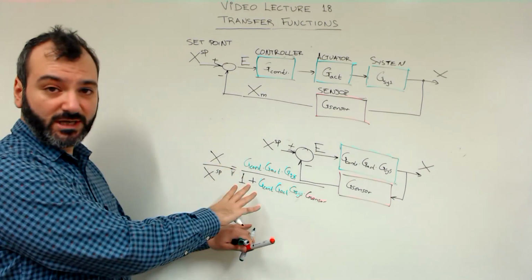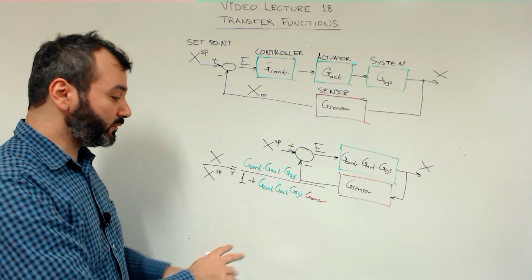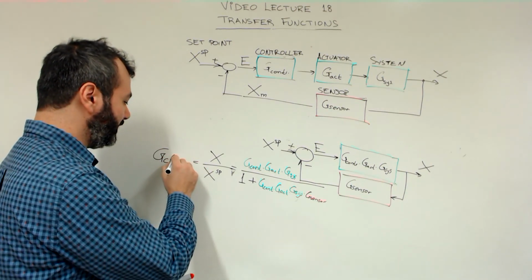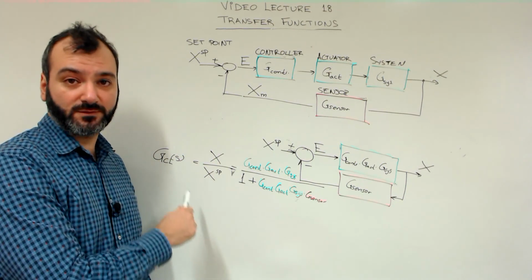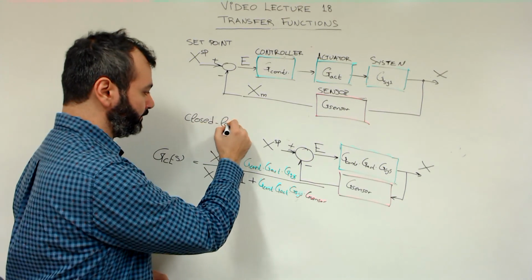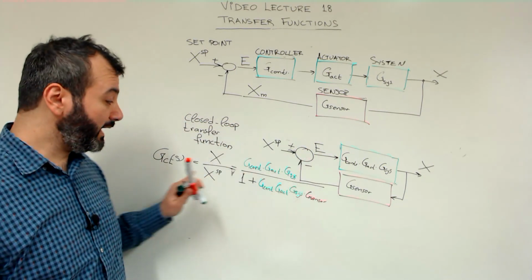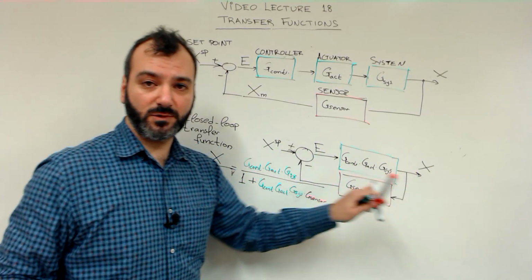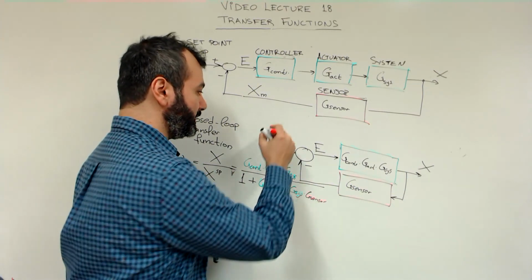Now this function has a particular name. It's called the closed loop transfer function, G_CL of s. And if we have this function, we can determine the impulse response of the closed loop system. What happens if you apply an impulse here?